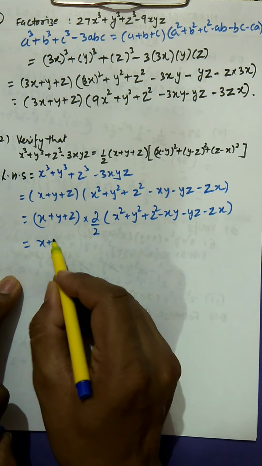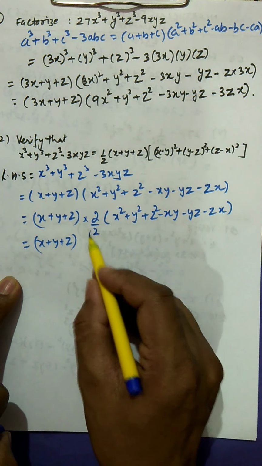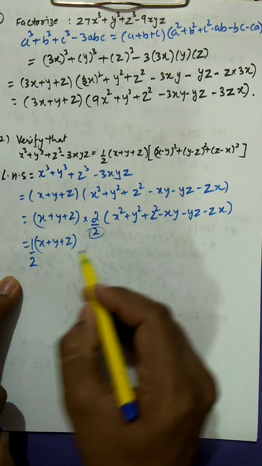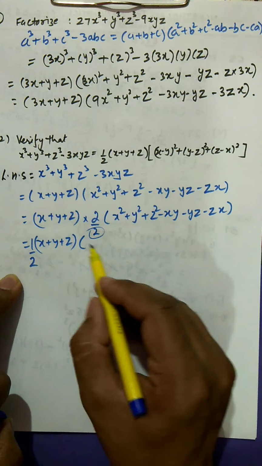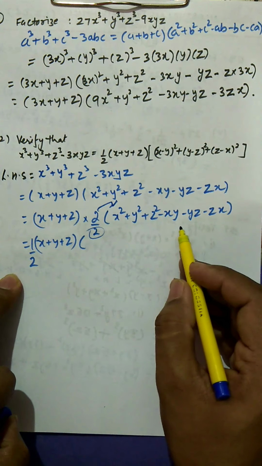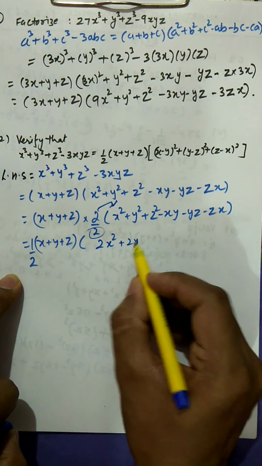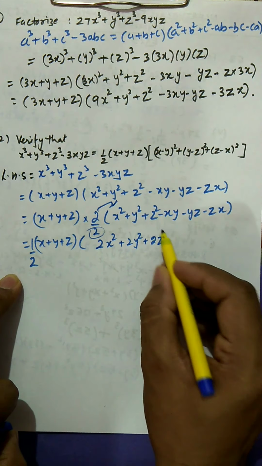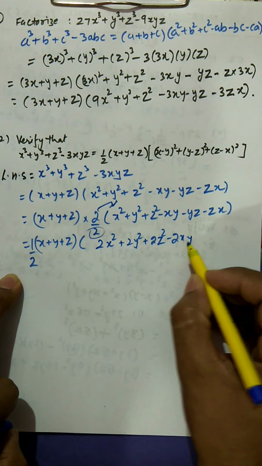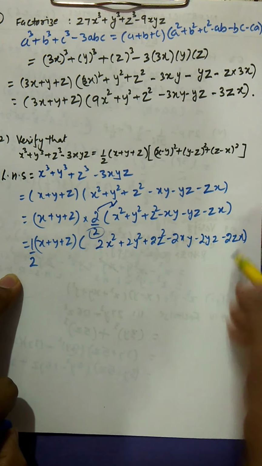I'm just writing this here because this is all multiplication, so it never matters, and this 2 is going to be multiplied by all of these terms. So it becomes 2x square plus 2y square plus 2z square minus 2xy minus 2yz minus 2zx.